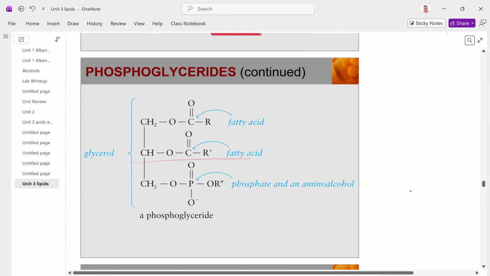This is what we're looking at here. This is everything we studied so far. Now we throw in phosphoric acid, which is a triprotic acid, meaning it has 3 hydrogens that can come off. One forms an ester, and the other ester is to the amino alcohol, like choline, and there are other things.